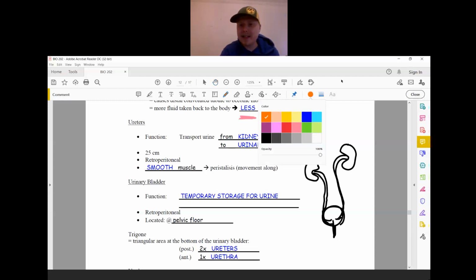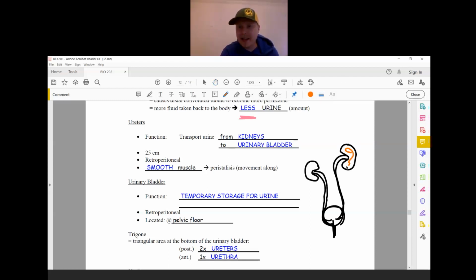So we just discussed the kidneys and we discussed the nephron, which is the structural and functional unit of the kidney. And next we will have a look at the ureters.